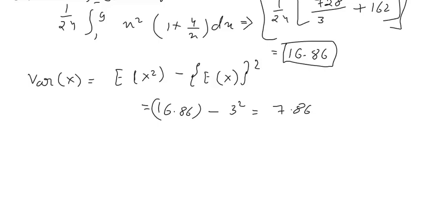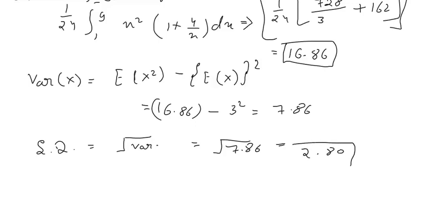Now for the standard deviation, denoted by SD, we take the square root of the variance. Under root 7.86 gets converted to 2.80. This is our final answer for the variance, and this is our final answer for the standard deviation of the given question.